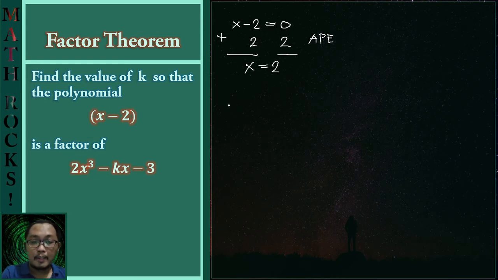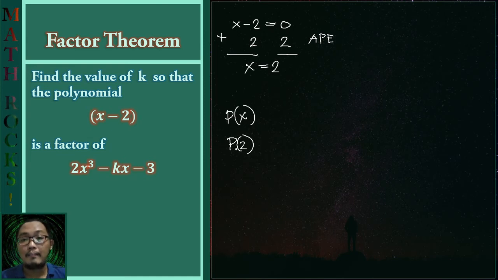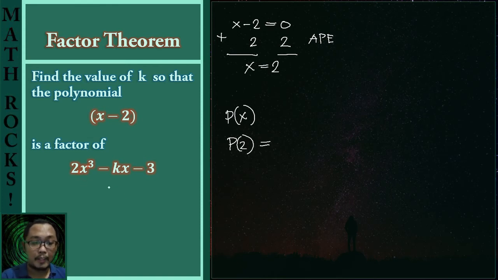Since the remainder theorem tells us that we only need to change all the x's in the given polynomial p of x with a 2 for us to have the value of the remainder, then let us change first all the x's in the given polynomial p of x here.